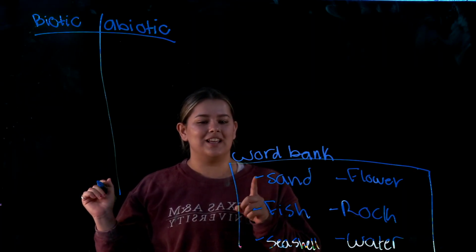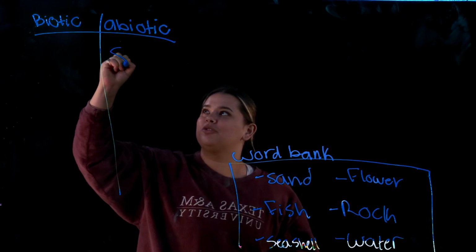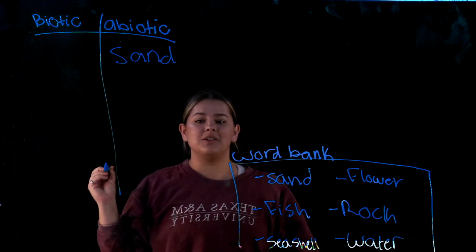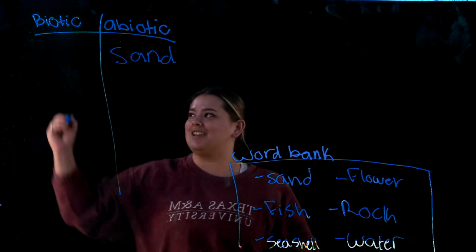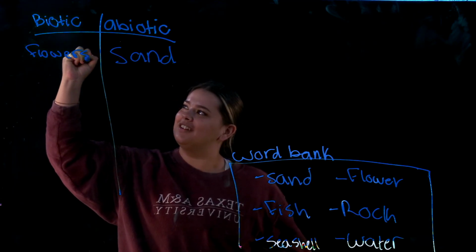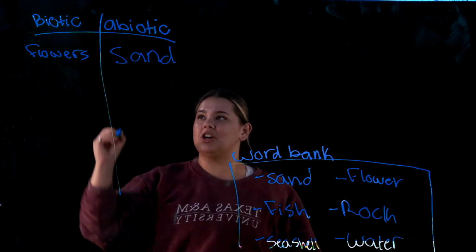So if sand was never living, that means it is an abiotic factor. And flowers, as we know, are living because they are plants. A rock is an abiotic factor because it is non-living.